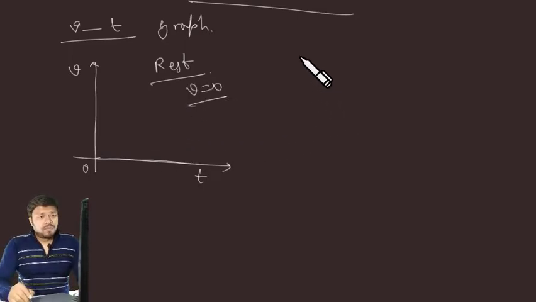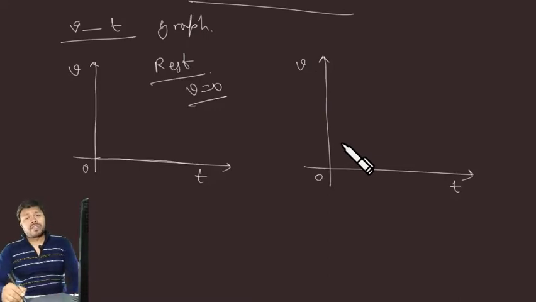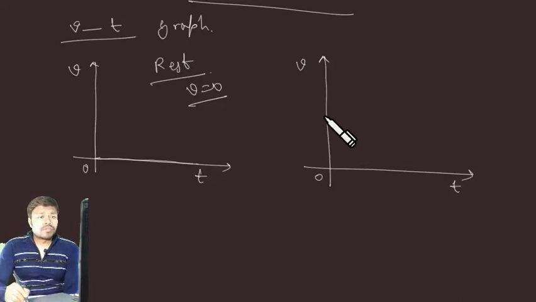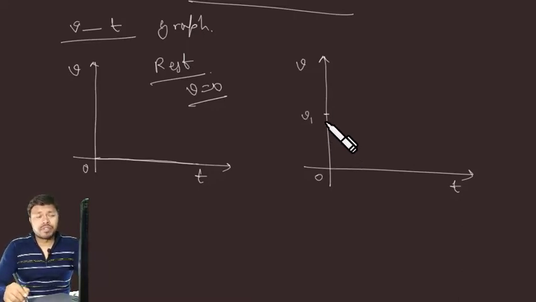Okay, body is in uniform motion, means velocity constant. Velocity constant means what? Whatever velocity it is, let's say this is v1, this is the velocity of the body. The body is moving with the velocity v1 and it remains constant with the time.